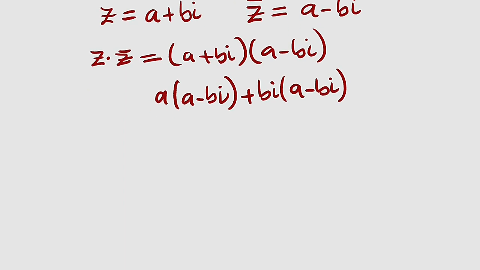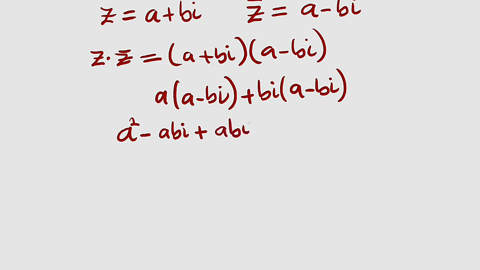So let me expand. To the left hand side, we have a times a, this is a squared, minus a times bi is abi. Then moving on to the other side, we have plus bi times a is abi, right?